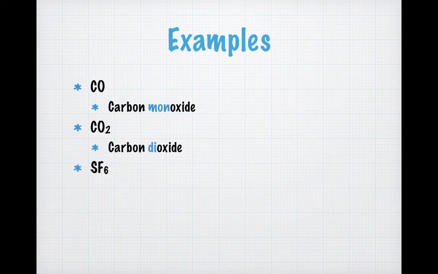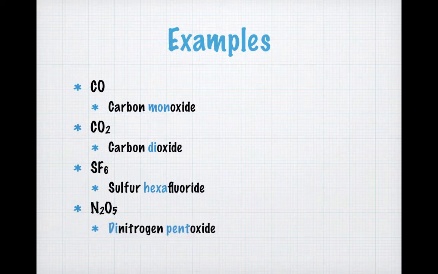Our next compound, SF6, again I just have one sulfur, so I say sulfur, and then I have 6 fluorines, and so that comes in as hexafluoride, so sulfur hexafluoride. Now, our very last one here, N2O5, I've got 2 nitrogens, 5 oxygens, so I do have to put a prefix before that nitrogen. So I say dinitrogen, telling me I have 2 nitrogens, pentoxide tells me I have 5 oxygens.